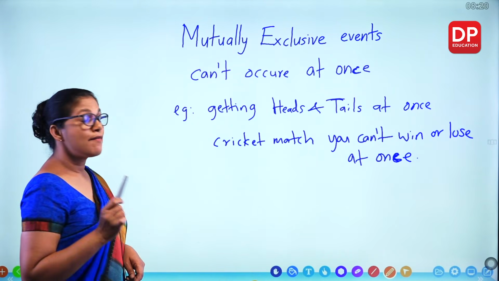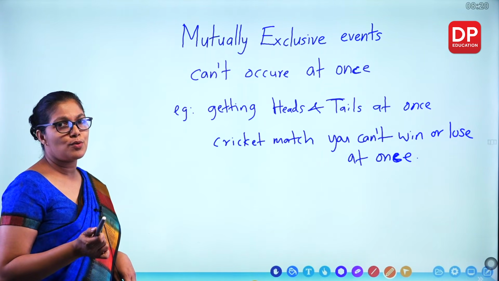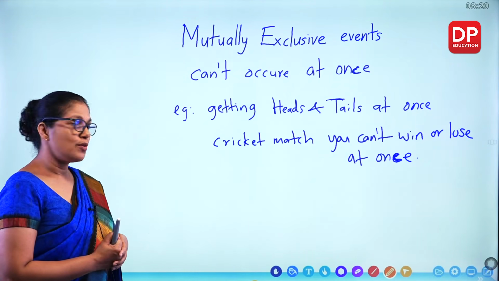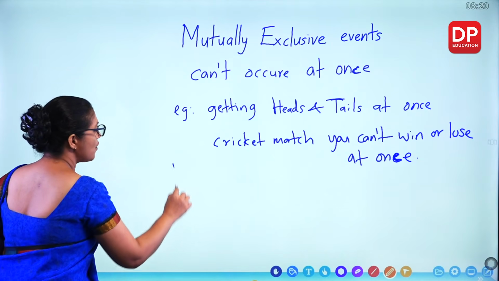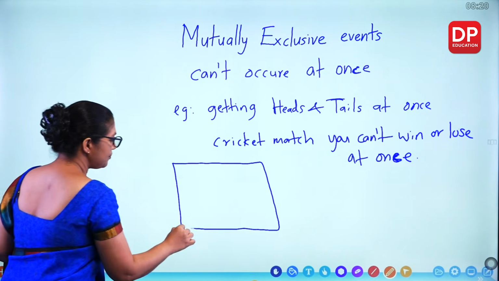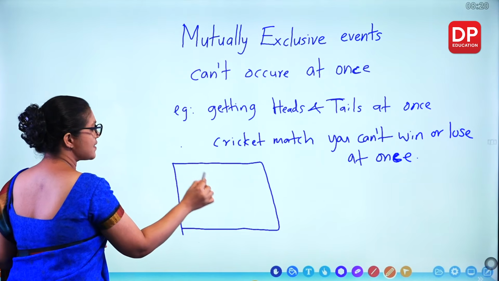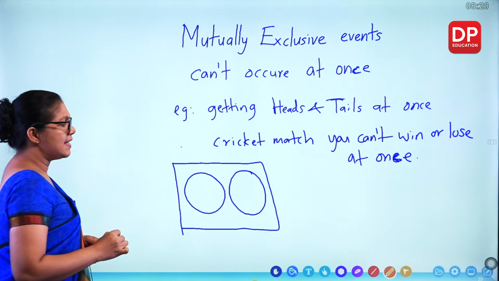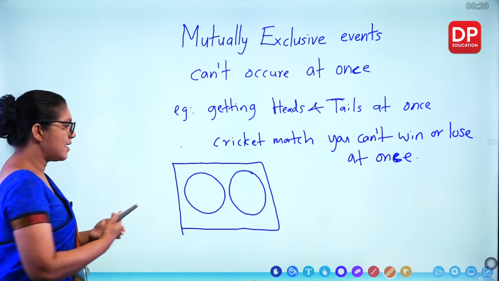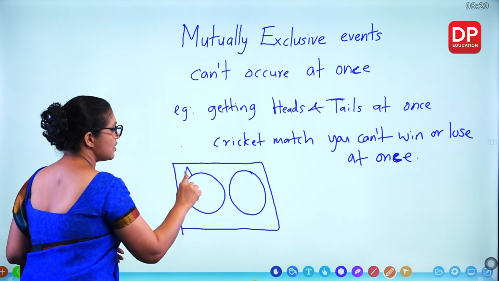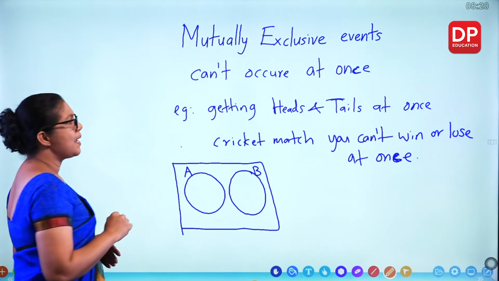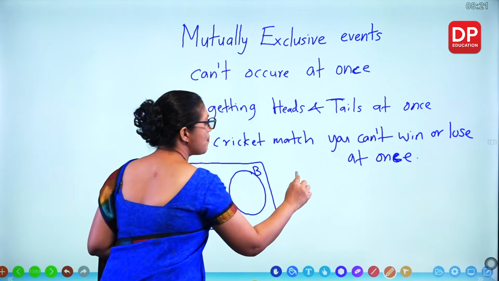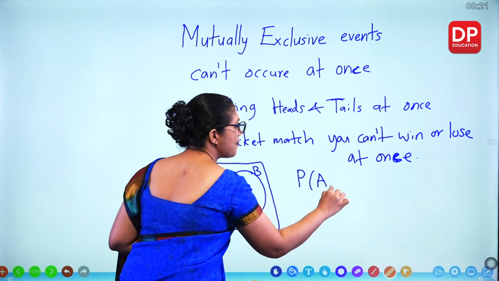Now we'll see if the two events are mutually exclusive, what's the relationship between intersection and union. Now when you draw the Venn diagram for two events A and B, mutually exclusive means cannot happen together, there's no intersection. So this can be A, this can be B. No intersection between these two means what's the probability of A intersection B?